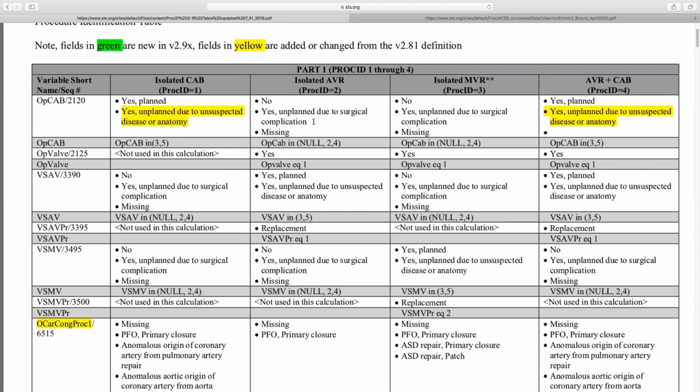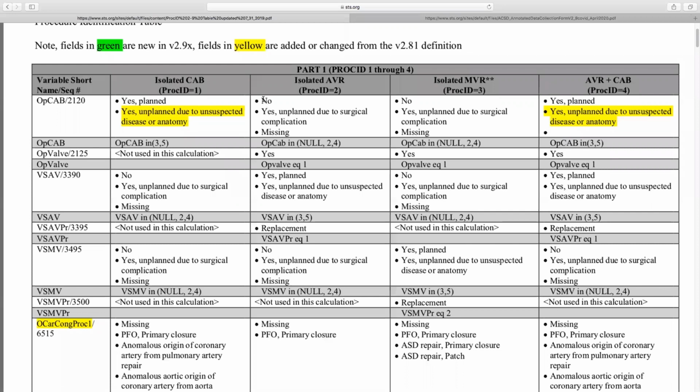So now this patient had an unplanned due to surgical complication CABG type. That's going to stay in the isolated AVR category. So the patient had a planned surgical aortic valve procedure, but they had an unplanned due to surgical complication coronary artery bypass. It stays in the isolated AVR.